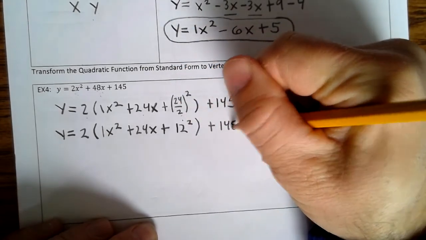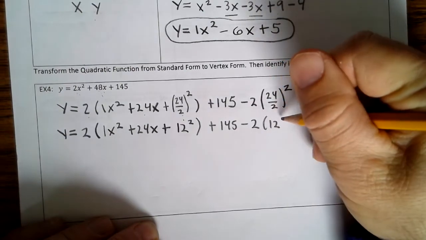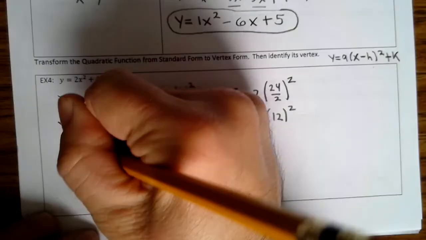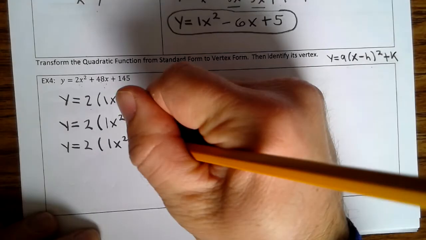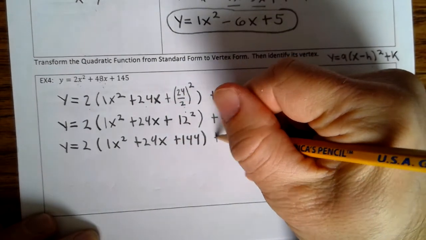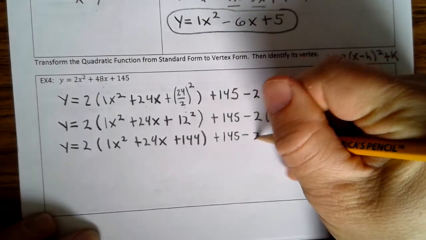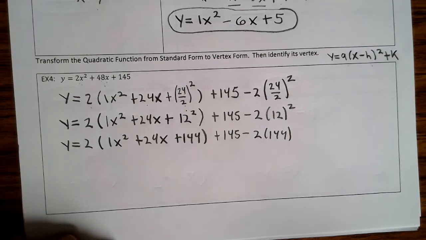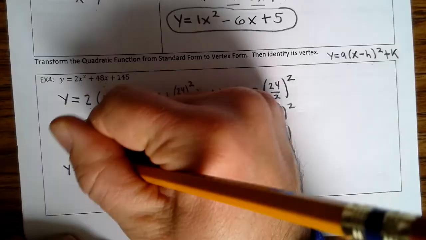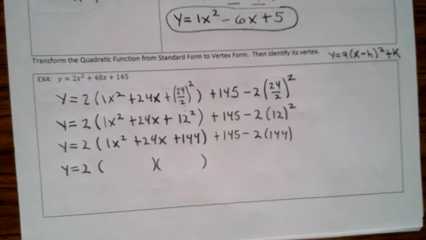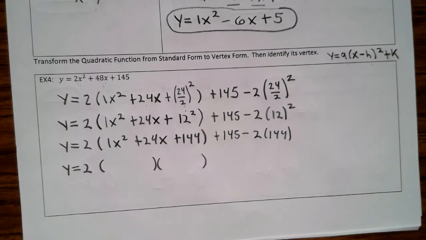So then that's y equals 2 times (1x squared plus 24x plus 144), plus 145 minus 2 times 144. So then it's y equals 2 times... We can factor this. Before that, this simplifies to minus 143.